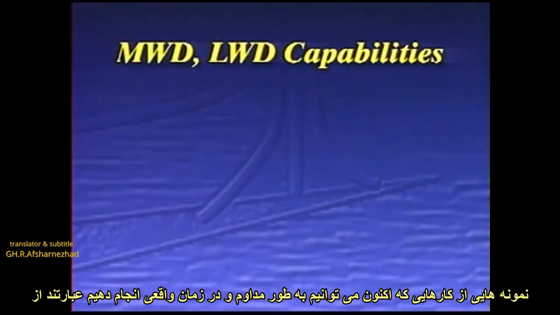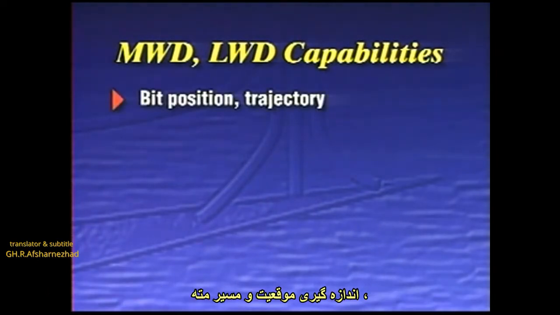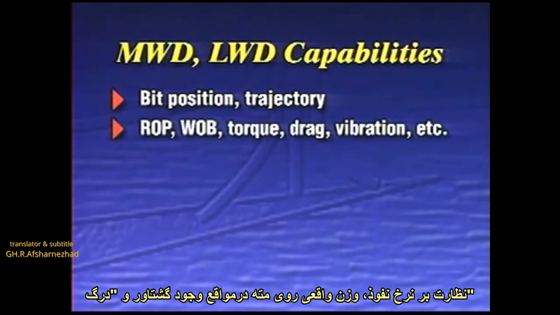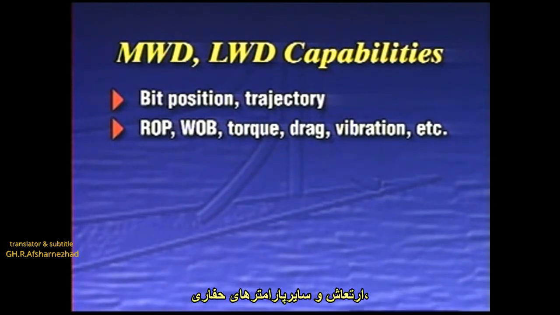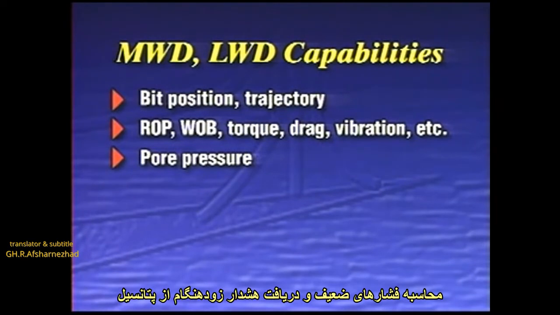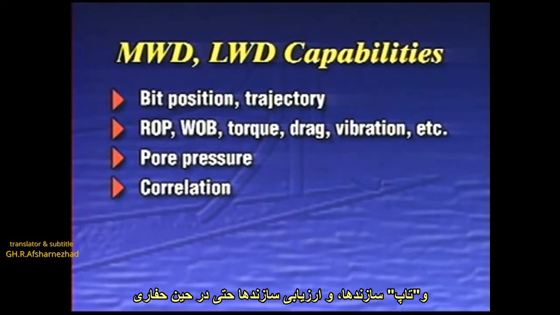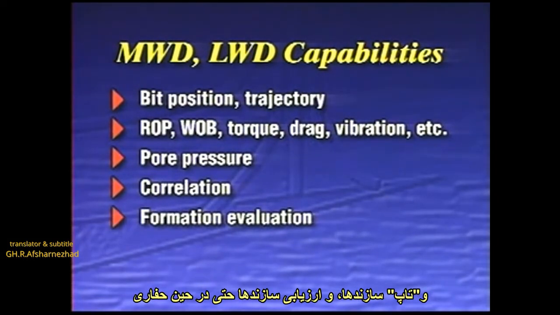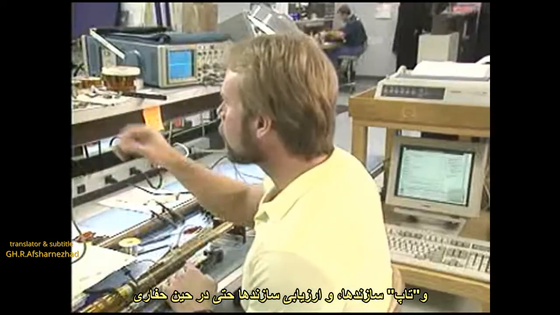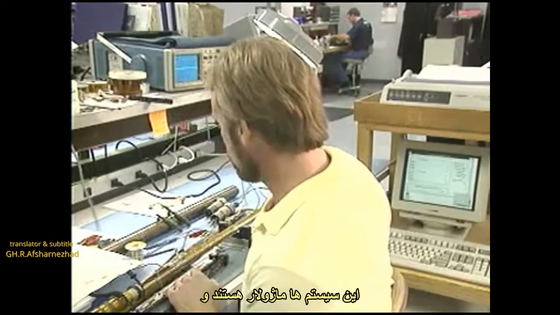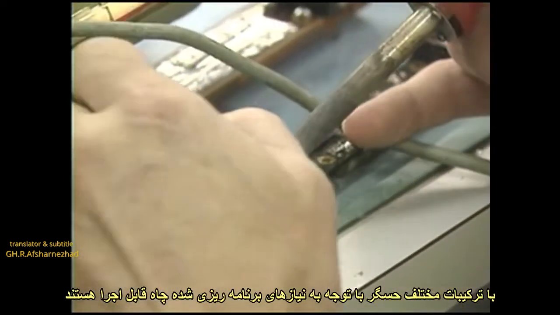Examples of what we can now do continuously and in real time include measuring drill bit position and trajectory, monitoring penetration rate, actual weight on bit, downhole torque and drag, vibration and other drilling parameters, computing pore pressures and getting an early warning of potential overpressured zones, detecting and correlating geologic markers and formation tops, and evaluating formations even as they're being drilled. These systems are modular and can be run with various sensor combinations according to the well plan requirements.